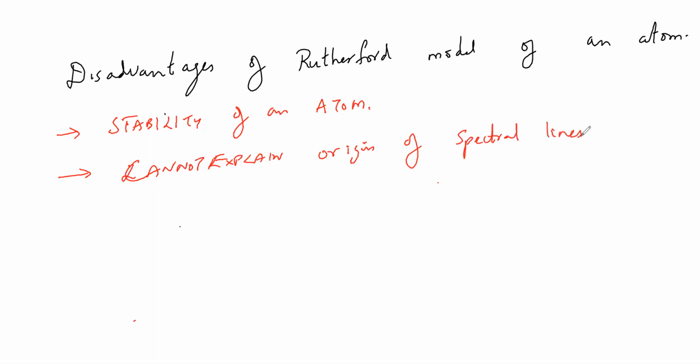Why I wrote these things in red color is because they are important; in entrance exams they can ask in the options, what are the disadvantages? Stability of an atom, cannot explain origin of spectral lines, and some other things they can ask. Correct? So for that purpose only, I have given you this explanation and highlighted the same.